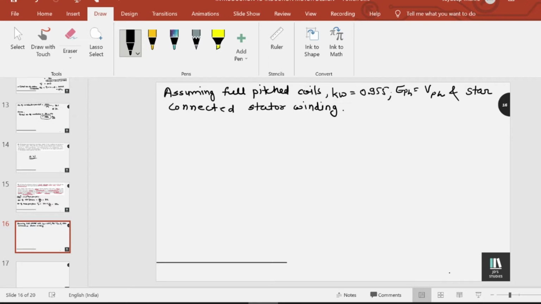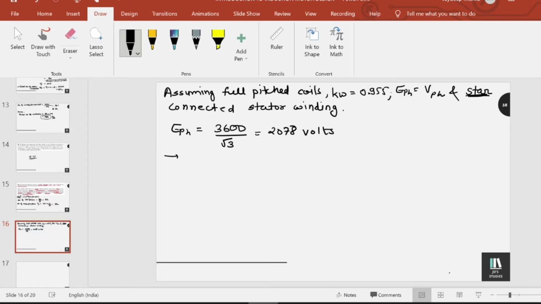What is the value of EPH? The line voltage is 3600, but we have a 3-phase star connected stator winding, so EPH is equal to 3600 divided by root 3. So we get 2078 volts, which is the value of EPH for the star connected winding.